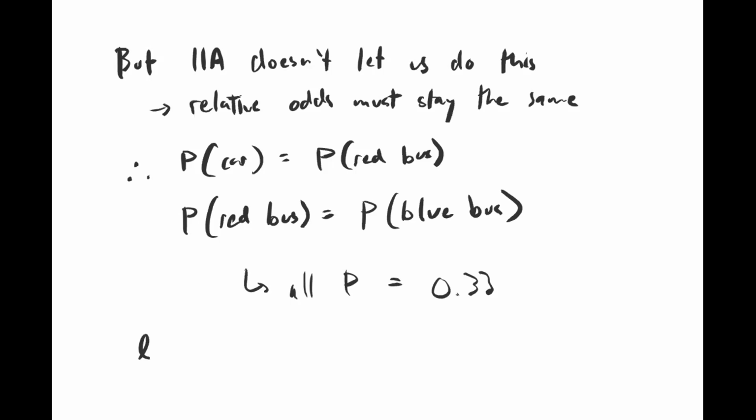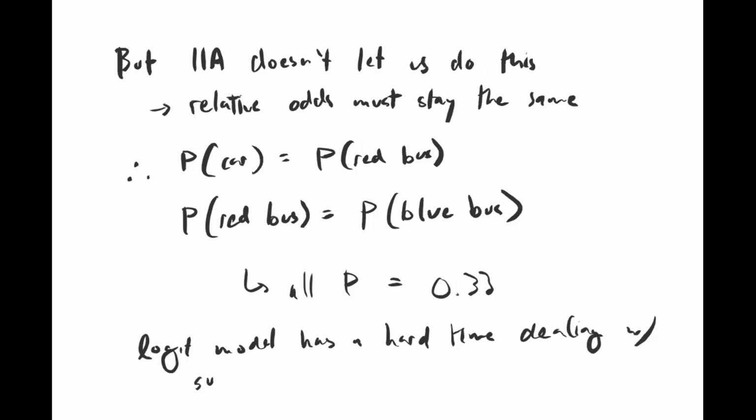So the logit model has a hard time dealing with substitutes. There are definitely ways to deal with this, as you can make the modeling a little bit more complicated.